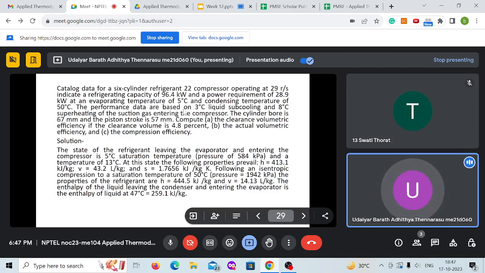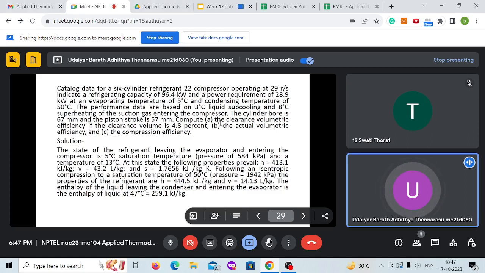The performance data are based on 3 degrees Celsius liquid subcooling and 8 degrees Celsius superheating of the suction gas entering the compressor. The cylinder bore is given as 67 millimeter, and the piston stroke is 57 mm. Compute the clearance volume, volumetric efficiency if clearance volume is 4.8%, and actual volumetric efficiency and compressor efficiency.